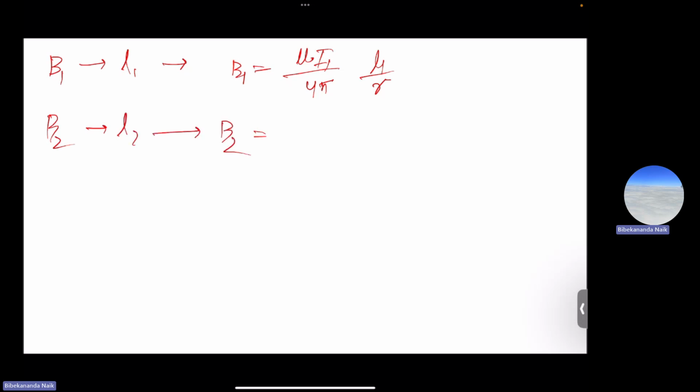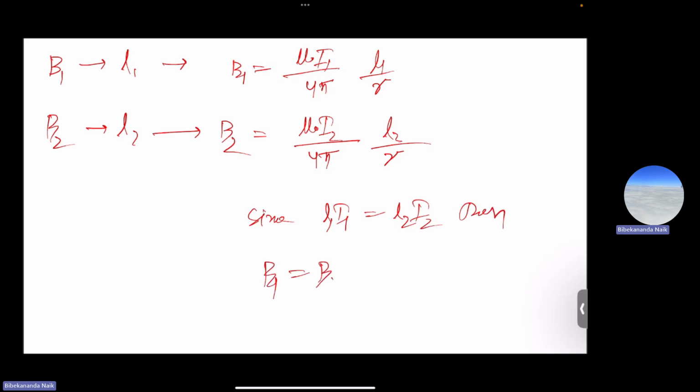B1 due to portion L1 is given by B1 equals mu 0 I1 divided by 4 pi, L1 by R. Then for the length L2, B2 equals mu 0 I2 by 4 pi, L2 by R. This is the expression for the magnetic field for the two components. Since L1 I1 equals L2 I2, B1 equals B2.